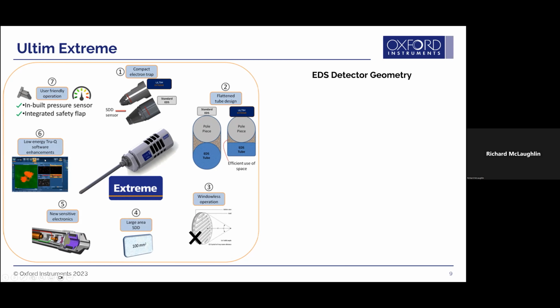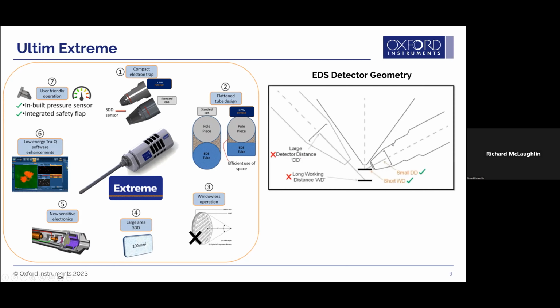And overall, the software is designed to work with the Extreme in Aztec. And we've got other things that help protect the detector. As you can imagine, having your sensor exposed to the atmosphere is probably not the best thing, but we have this built-in pressure sensor that will actually retract the detector and protect it behind a flap when it senses that the chamber has been vented.